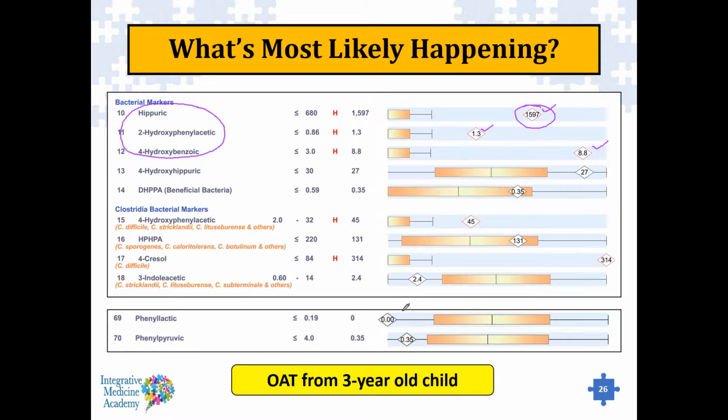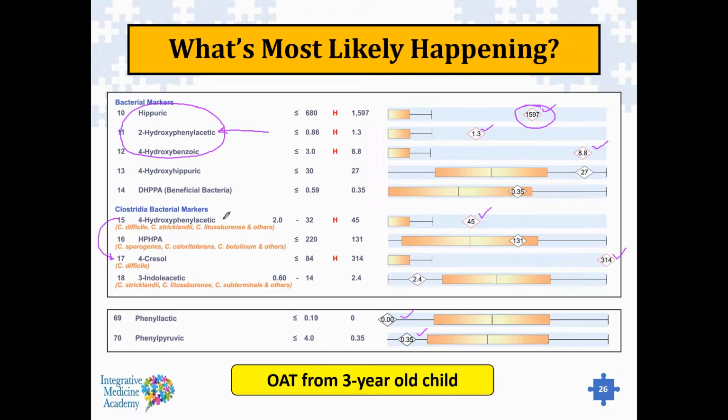Well, if we come down and look under the amino acid section of the OAT, phenyllactic is normal, phenylpyruvic is normal. Those two are very specific to PKU. So the chances of PKU existing here are minimal. The 2-hydroxyphenylacetic is being linked to some kind of dysbiosis condition in the gut. If we throw in a couple other markers here, the 4-cresol and the 4-hydroxyphenylacetic, these are linked to Clostridia bacteria.